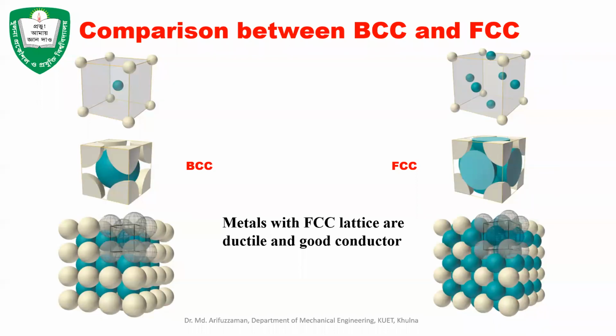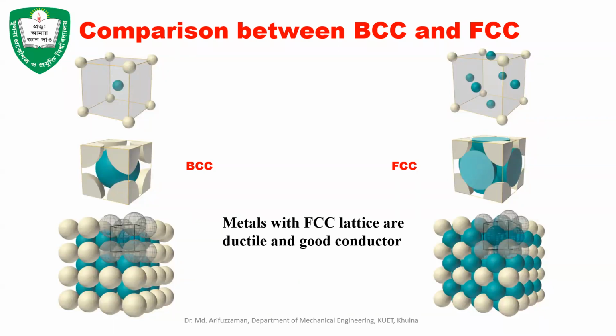The comparison is very simple. Body-centered cubic contains 2 atoms and face-centered cubic contains 4 atoms, but body-centered cubic contains one single internal atom, and face-centered cubic contains atoms on the surface of each face of the unit cell, where half of the atom is present in the unit cell.